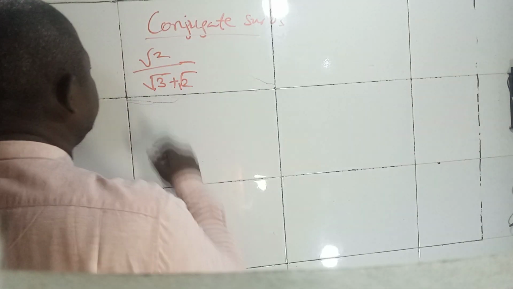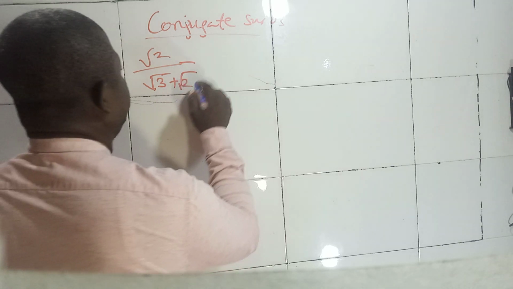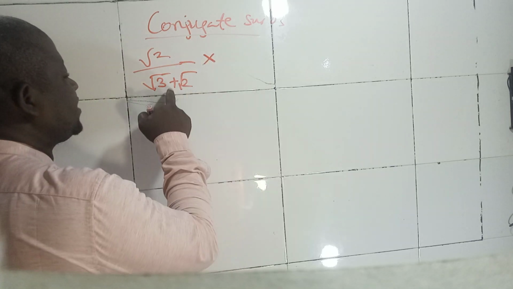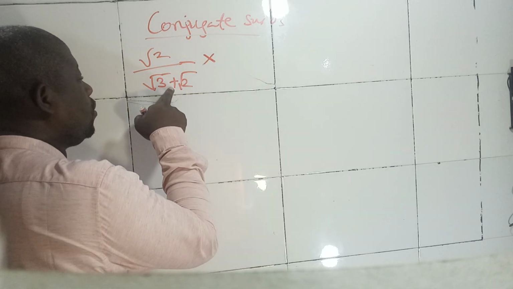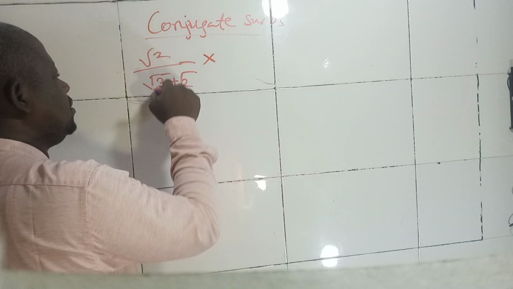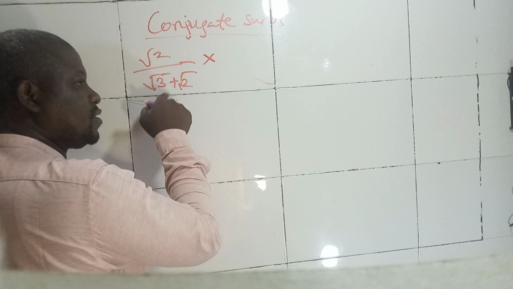So for me to find the reversal of this, what sign do you have here? Plus. To solve this now, it should be multiplied by the reversal of the sign of the denominator. This is the numerator, this is the denominator. Like I told us, we are not going to leave our answer in surd form.